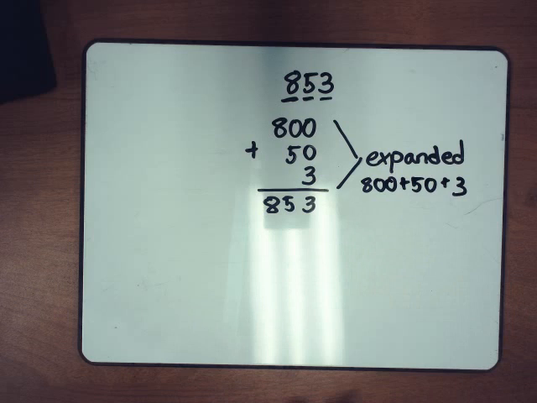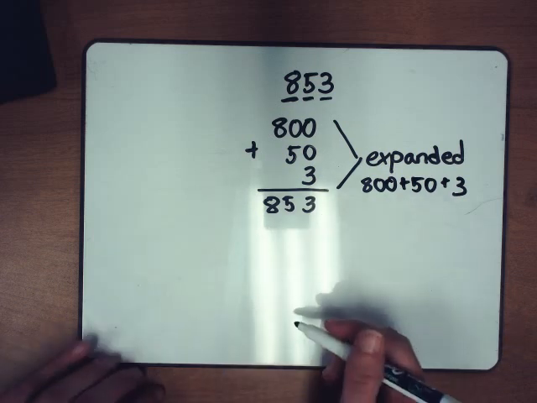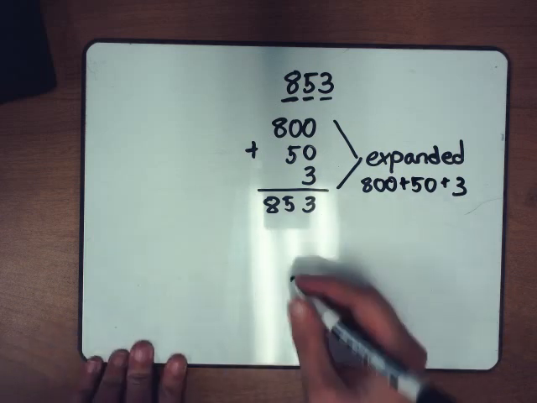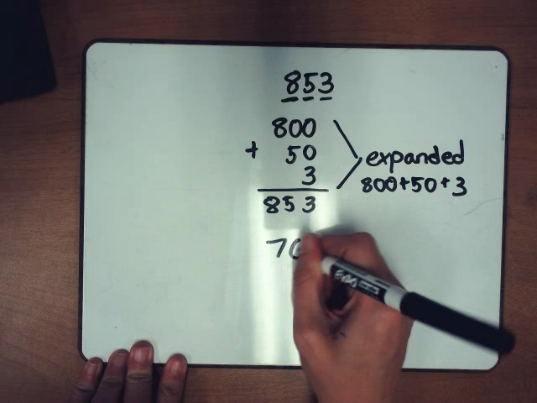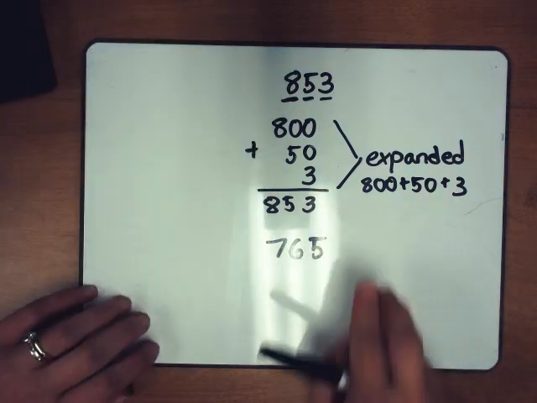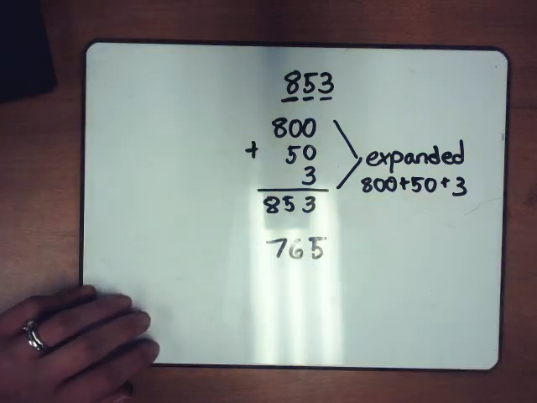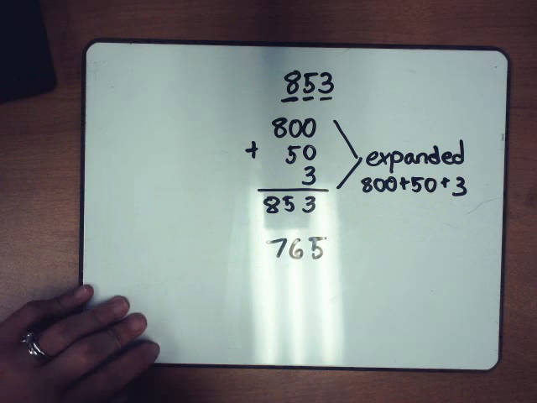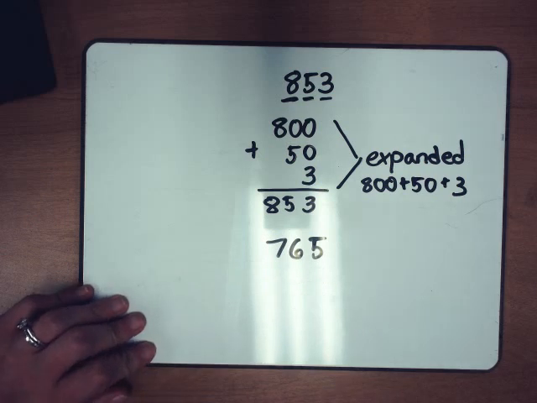Go ahead in your notebook, write the expanded notation for 765. You might do it vertically like I did here. You might do it horizontally like I did here. You want to think about the value of that 7, the value of that 6, and the value of that 5. And pause the video right here and go ahead and do that.